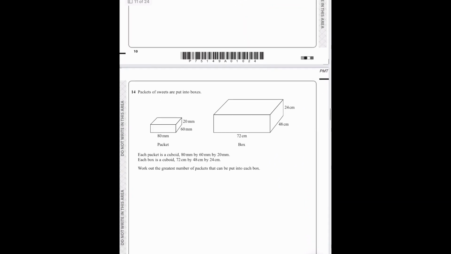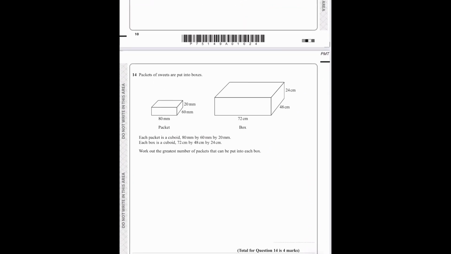Packets of sweets are put into boxes. Each packet is a cuboid, 80 by 60 by 20. Each box is a cuboid, 72 by 48 by 24. Work out the greatest number of packets that can be put in each box. So if we look at the box, first of all, the volume of the box is 72 times 48 times 24, which equals 82,944 centimetres cubed.